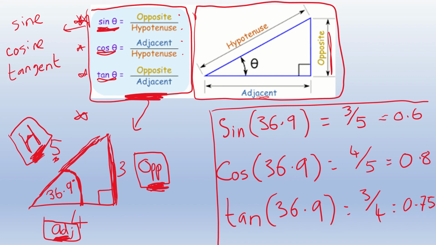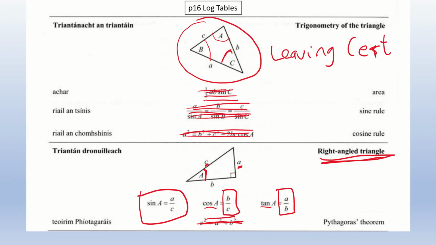Now, before we have a look at our exam questions, I'll just go back to our log tables here. And yes, these things are in your log tables, like what cos A actually means, what sin A actually means, and what tan A actually means, what sides of the triangle you're putting together. But looking at this for reference is the best, just to make sure that you're correct.